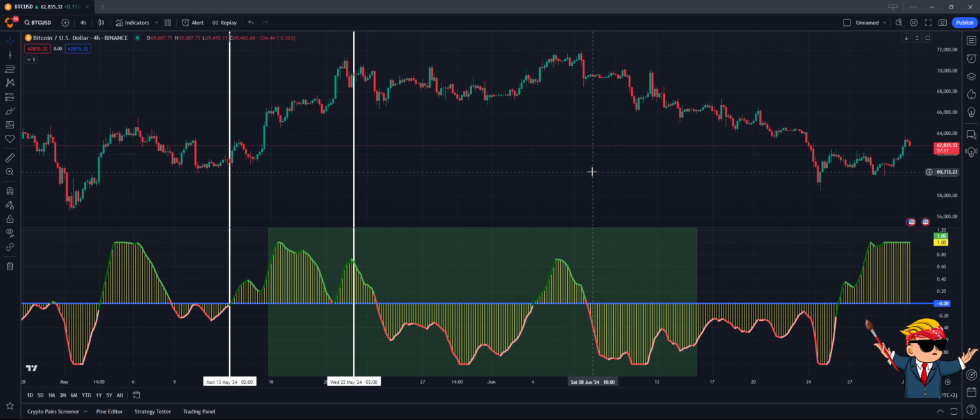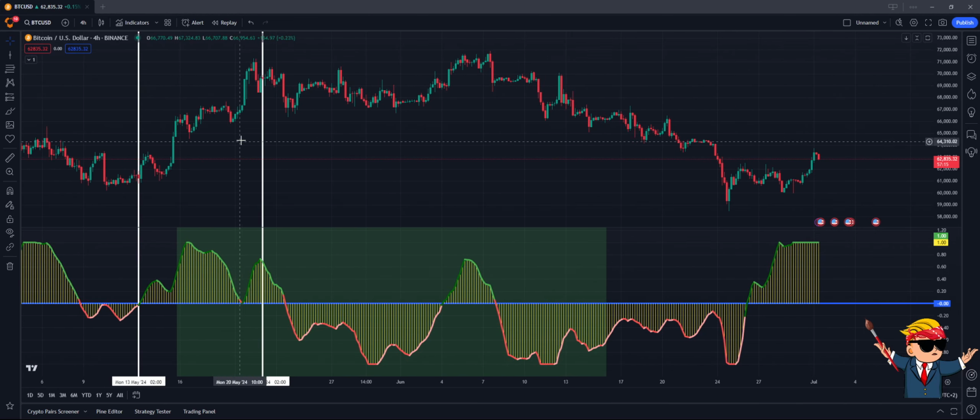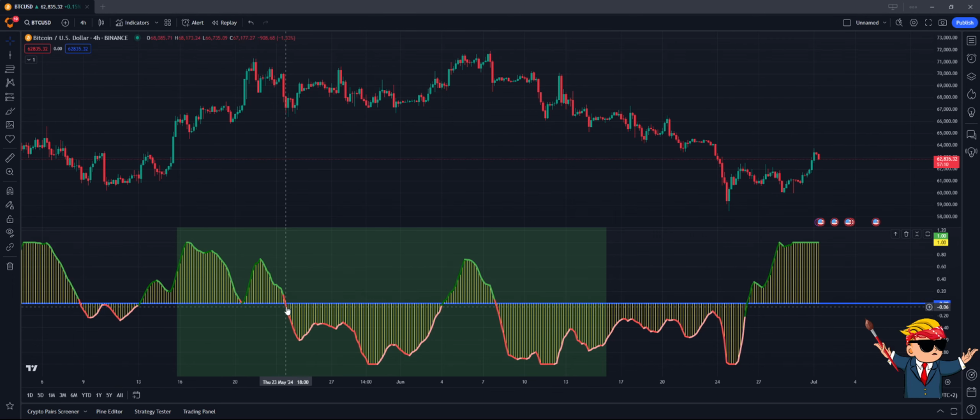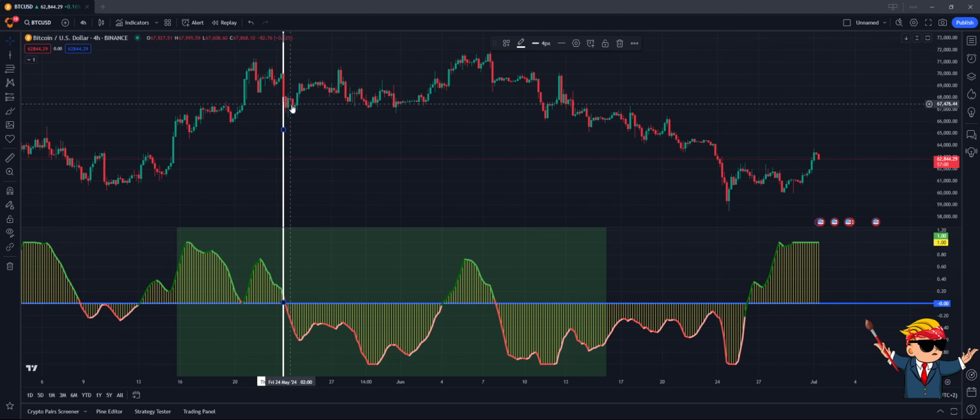Well, what you can see after that, like you can see at this point right here, at the crossover from the one line, is that the price went to the downside.